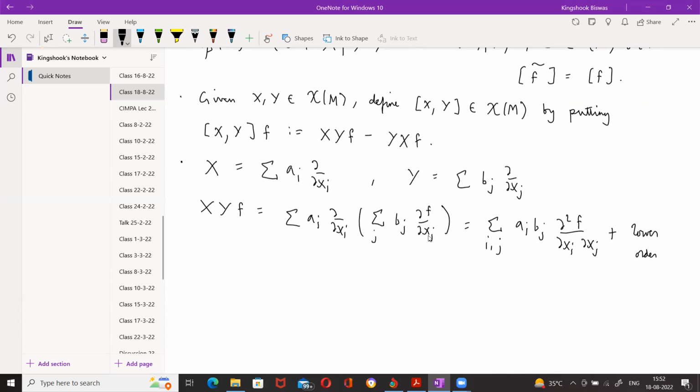Now similarly, what will YXf be? I do the same thing. This will become a sum over i,j of b_j a_i del squared f/del x_j del x_i, plus lower order terms.